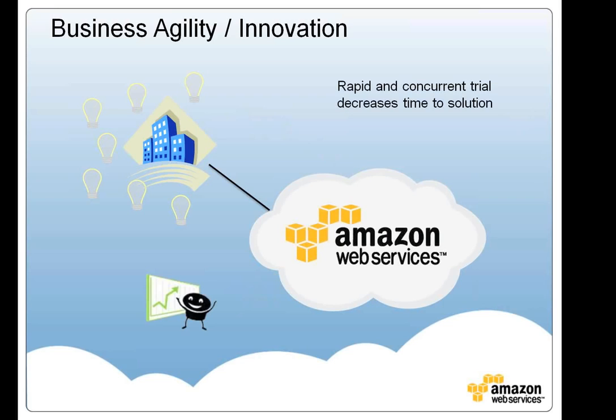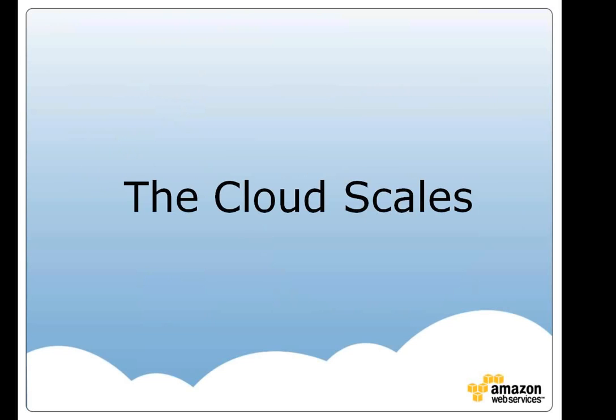They can do experiments, they can do tests, they can put things online for a little while and say, does this work? If it works, they can roll it out to new markets, to larger customer bases. If not, they can bring it back to the lab, they can shut down the cloud resources and continue to innovate. So they can run that innovation cycle much more quickly when they're using cloud-based resources.